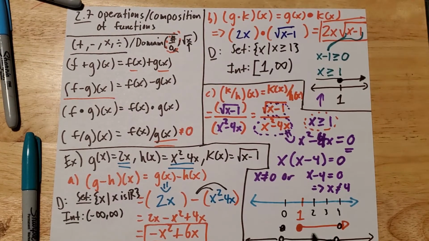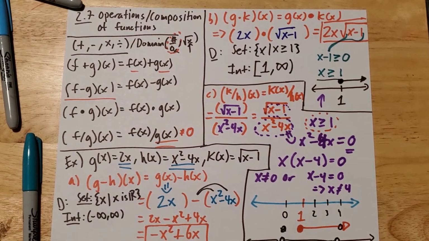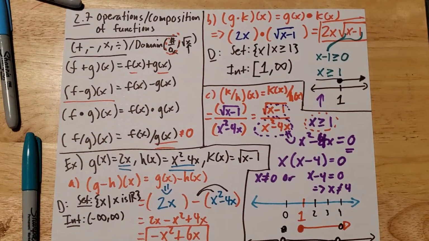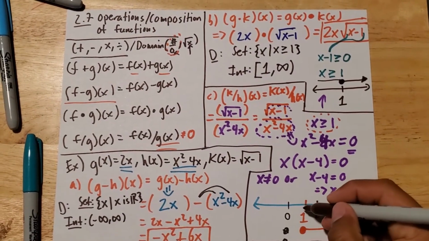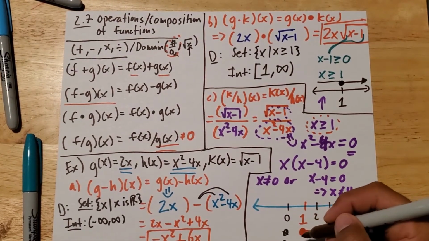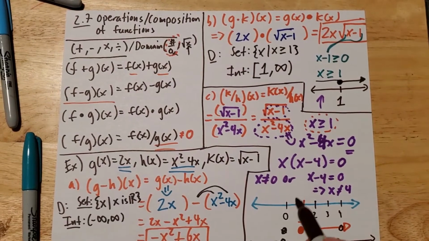So if this one is saying that it has to be bigger than 1, that means I'm not even going to consider any of these values. Even though these below 1 is perfectly okay with the denominator, it's not okay with the numerator.